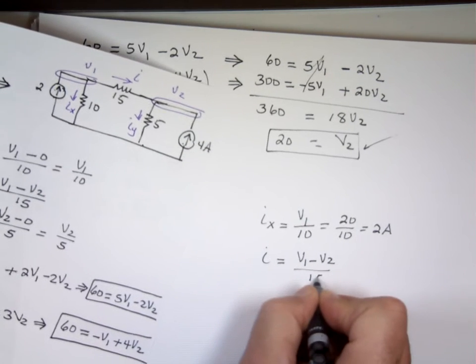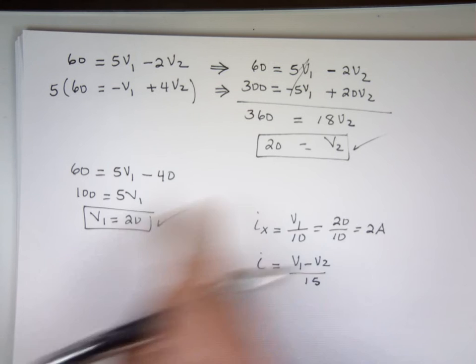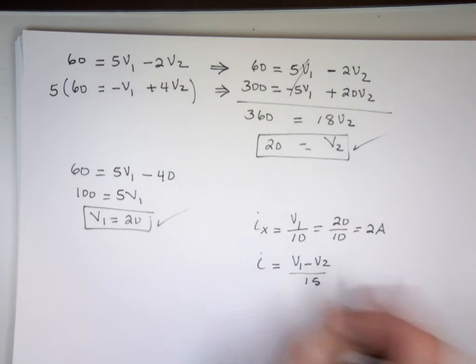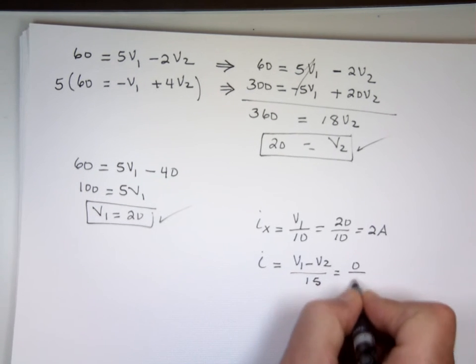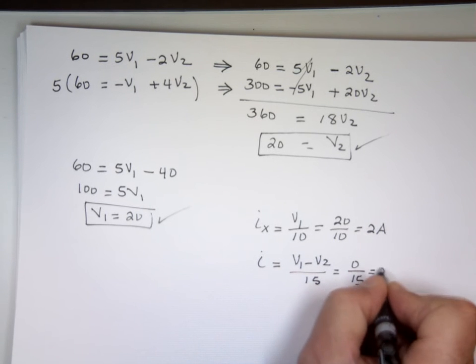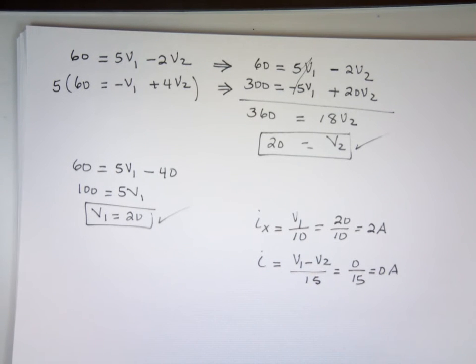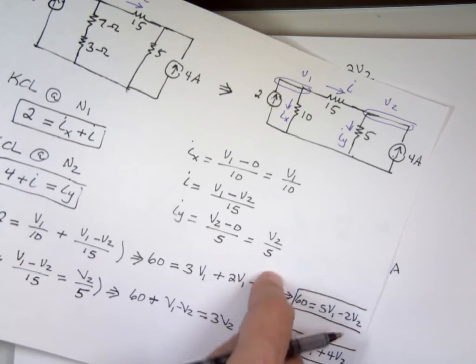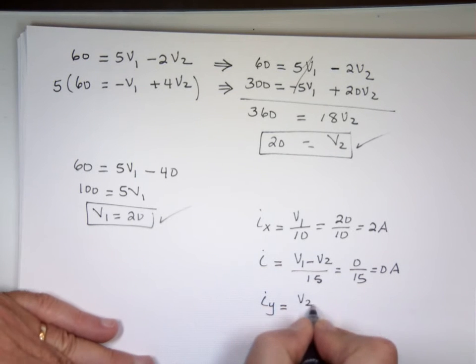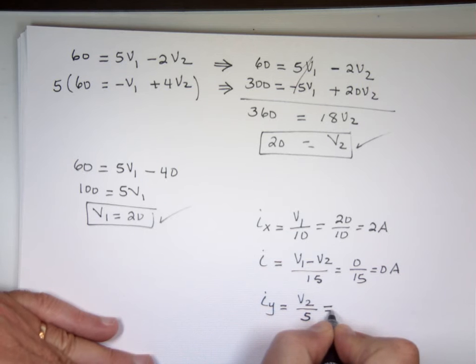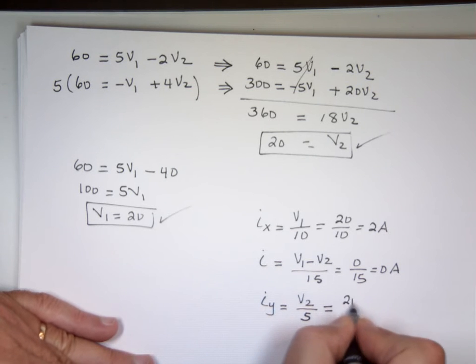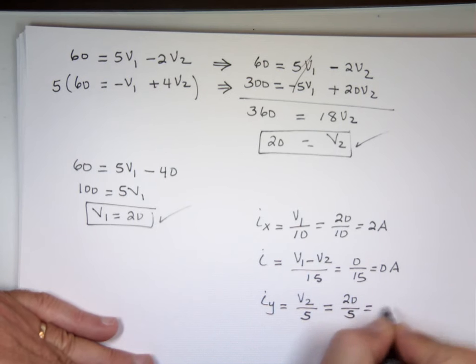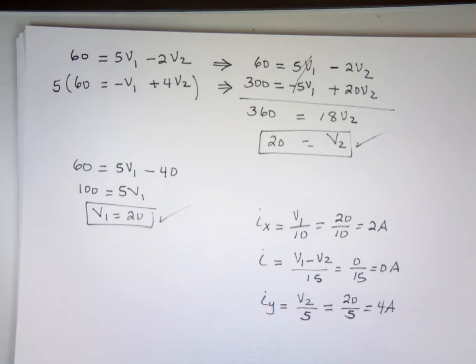Well, V1 is 20, V2 is 20. 20 minus 20, 0 divided by 15, which is 0 amps. There's no current going through that resistor. And what is I sub y if you need it? My equation says V2 divided by 5. V2 is 20, 20 divided by 5, which is what? 4 amps. So we got I sub x, I, and I sub y.